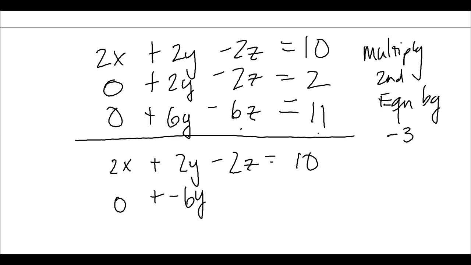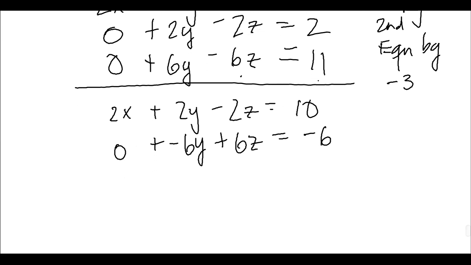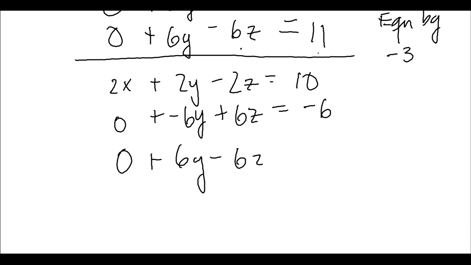Let's see, negative 3 times negative 2 will be a positive 6. And then this is a negative 6 here. And there's my last equation.